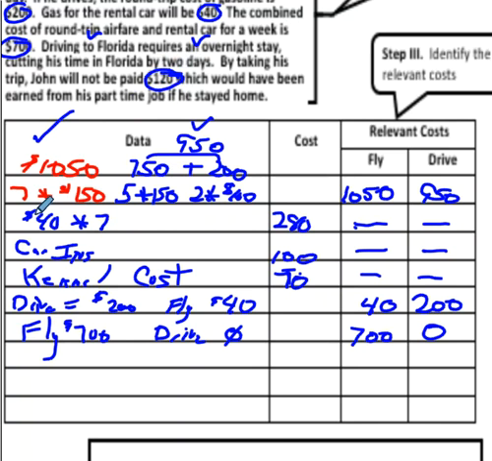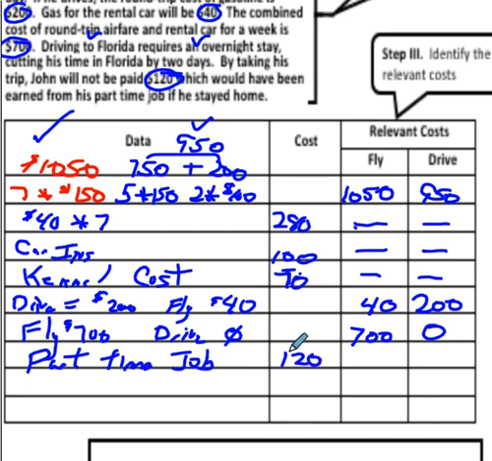But there's a couple things to note here. Whether I fly or drive, I'm giving up the same cost. As far as an opportunity cost goes, that is his part-time job of $120.